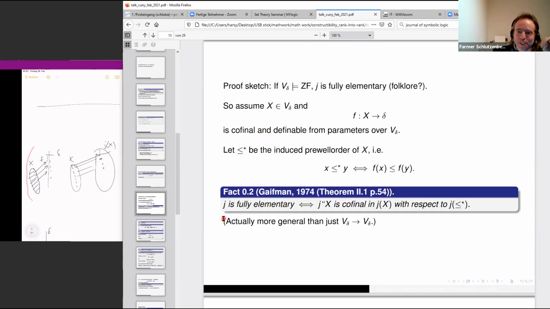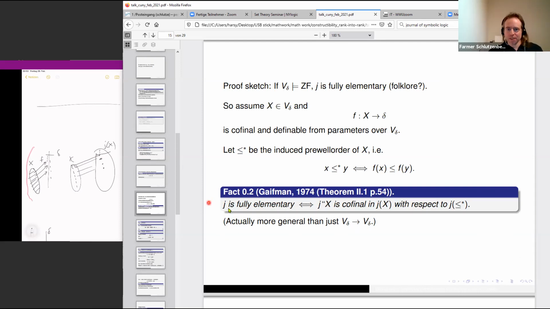So it's kind of old-fashioned. Okay, so Geifman's result is actually more general than just V delta into V delta. He's talking more generally about M into N, and he proves it in that context, but the proof is the same kind of thing.